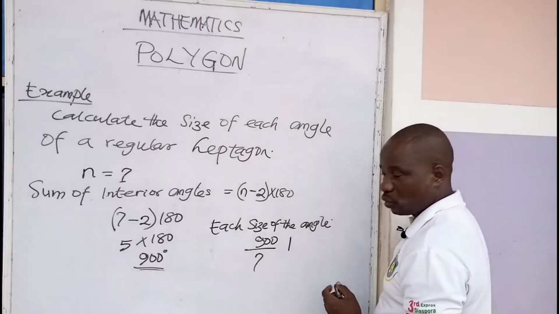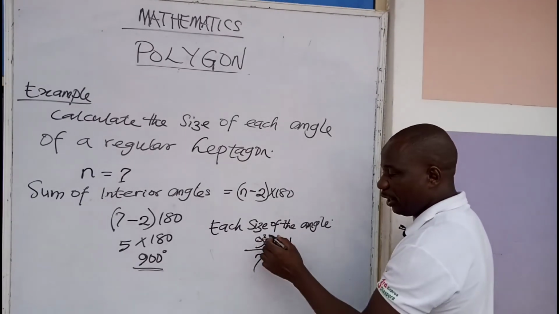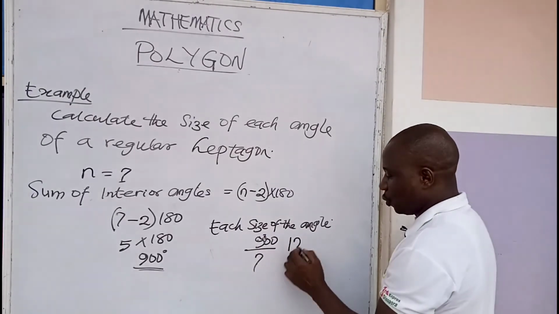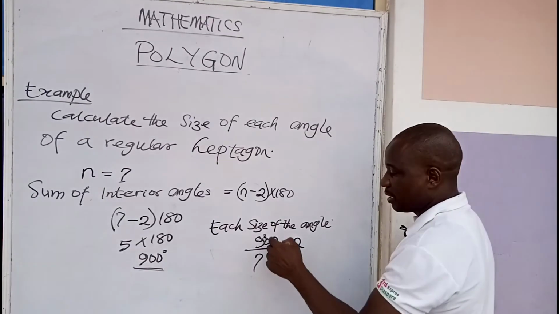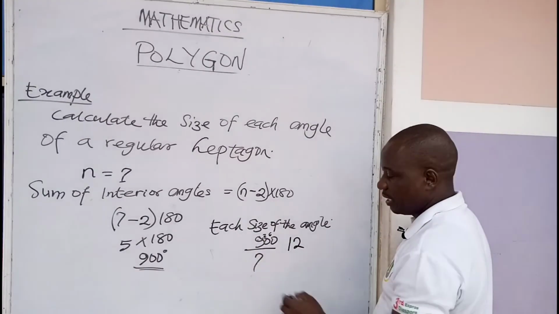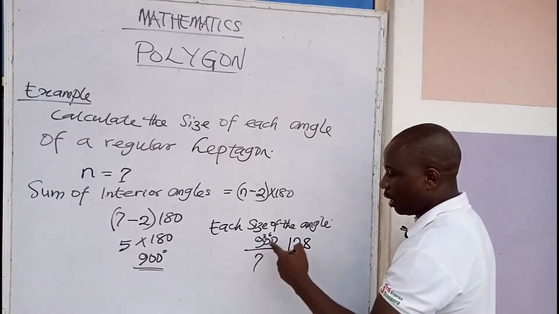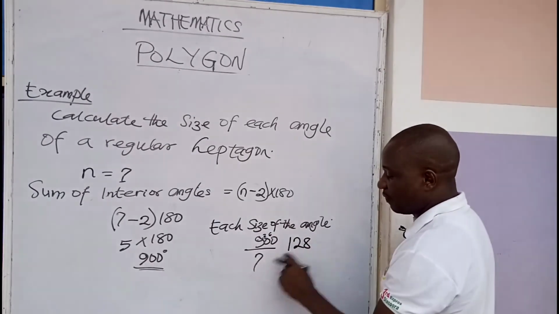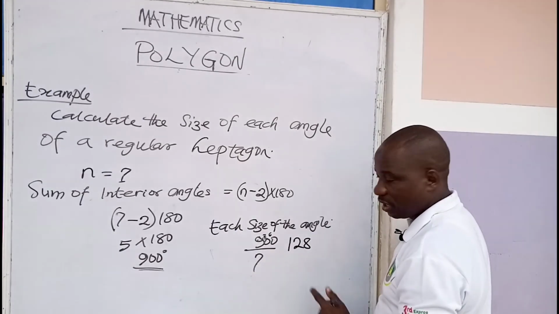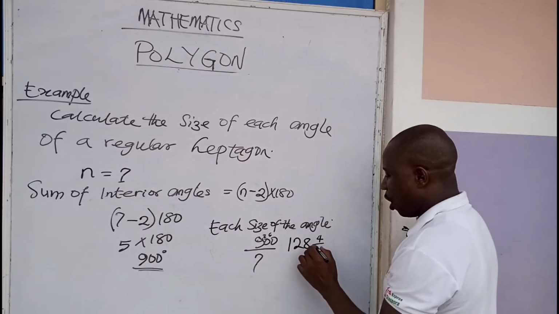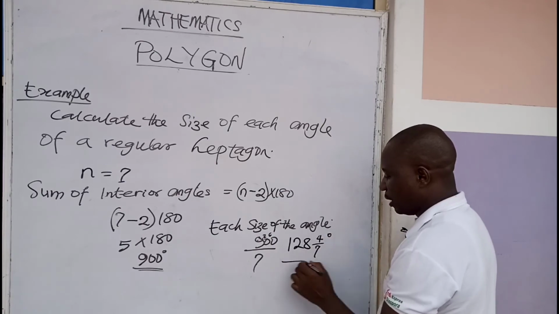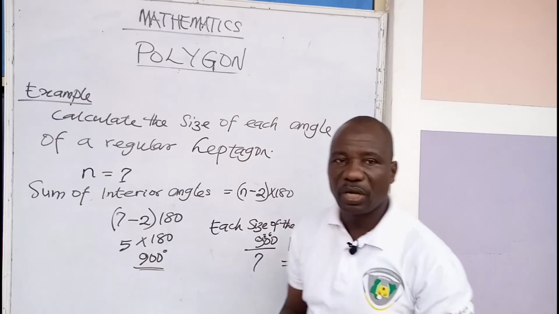It remains 2. 7 in 20, that is 2. It remains 6. 7 in 60, that is 8. What is 7 times 8? 56. It remains 4 over 7 degrees. That is each interior angle.